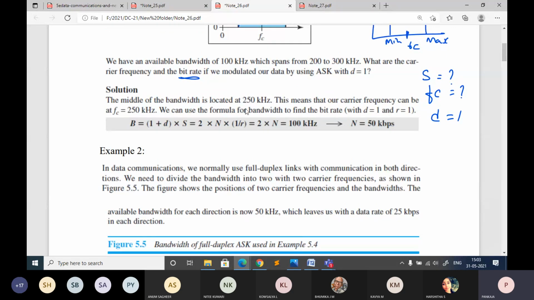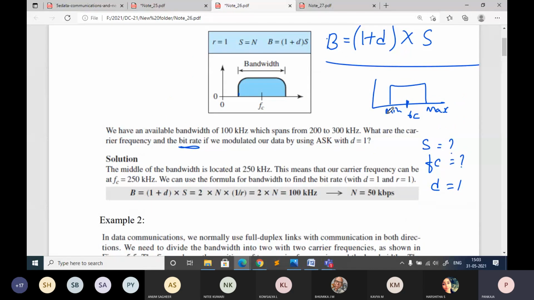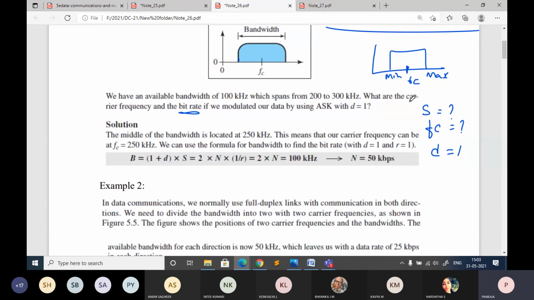So the middle of the bandwidth is located. Okay, this is 200 and this is 300. What is the middle you will get? You will get 250. So that is the frequency used, 250 kilohertz.